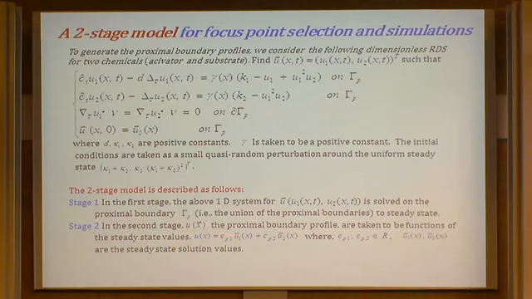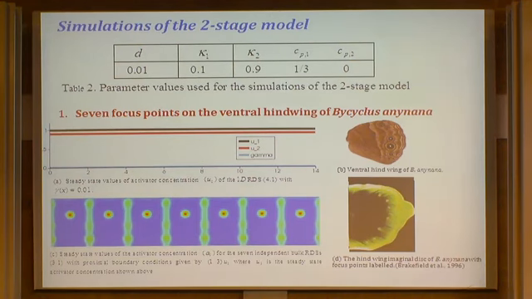And in the second stage, the proximal boundary profile is taken to be a function of the steady state obtained in the first stage and a weighted function here. So, the simulation of the second stage of the two-stage model, okay? The parameter values for the simulation.